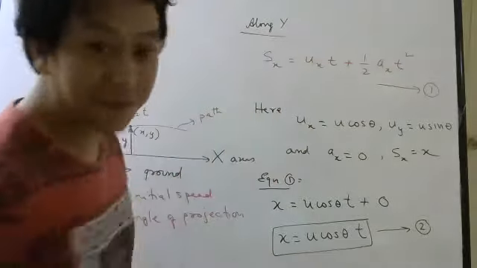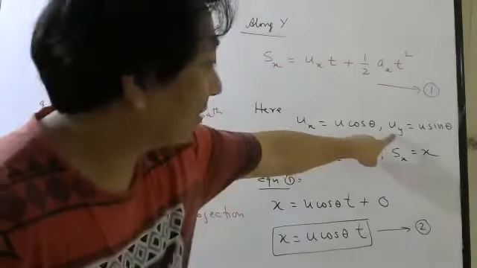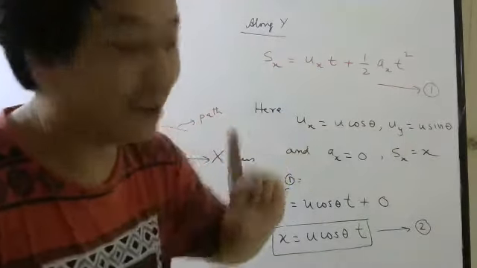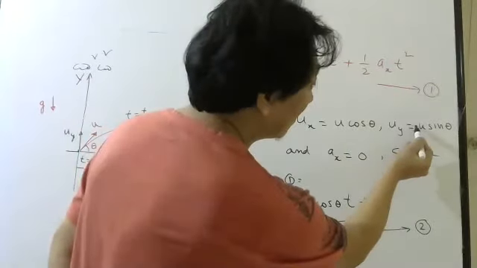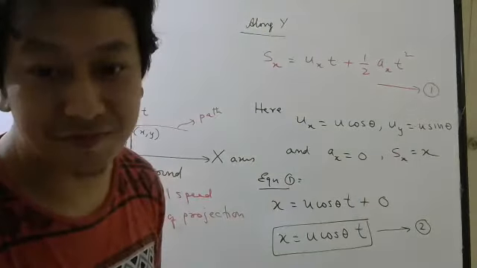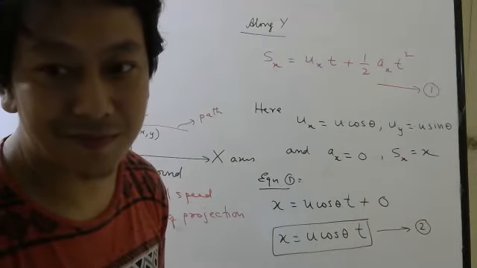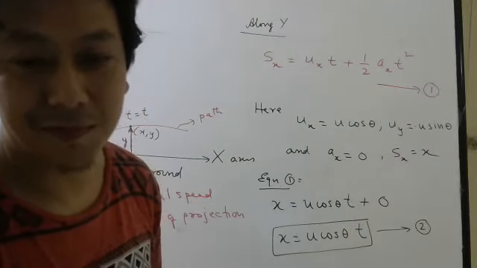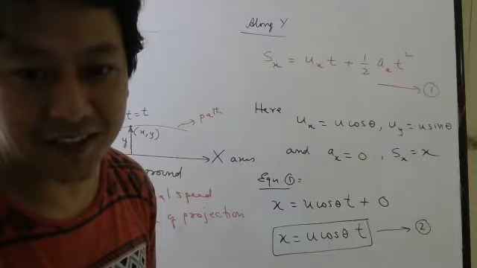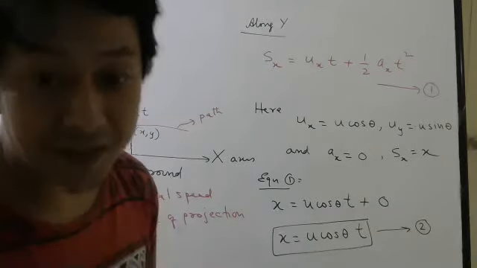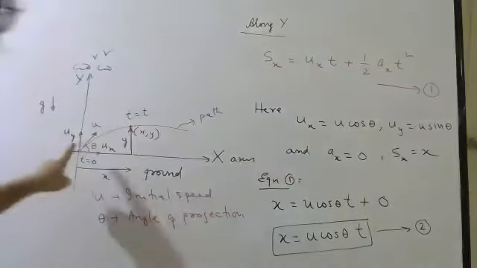One thing you tell me: when I wrote uy, I wrote u sin theta. What sign did I write here? If I don't write any sign, what sign is it? Plus. And where is u sin theta? You check.